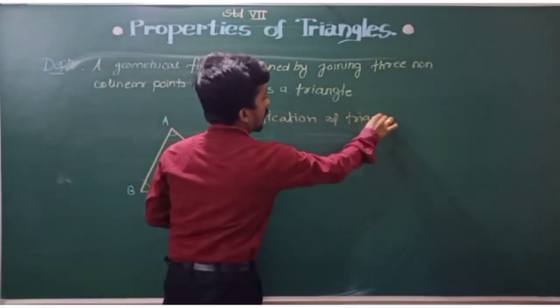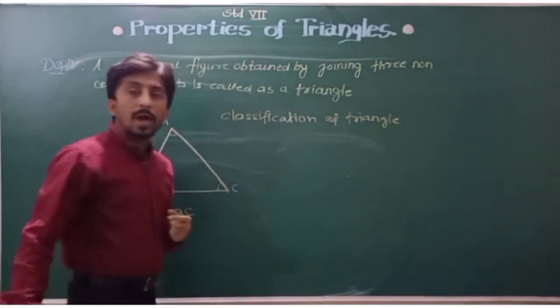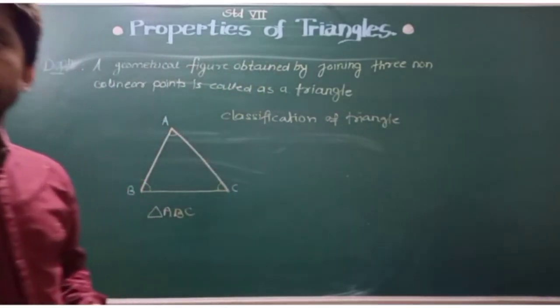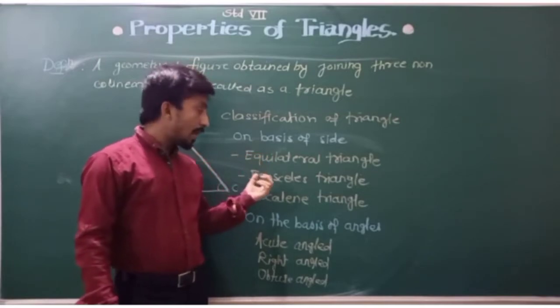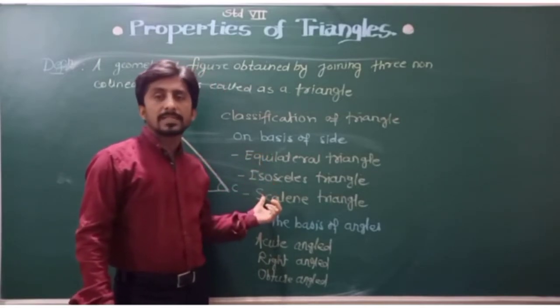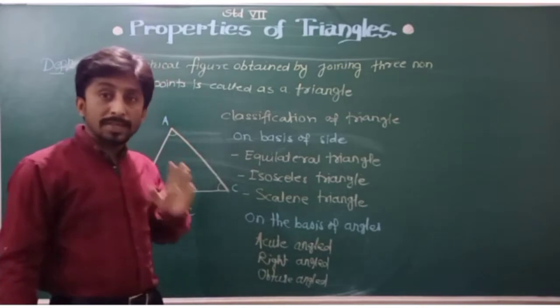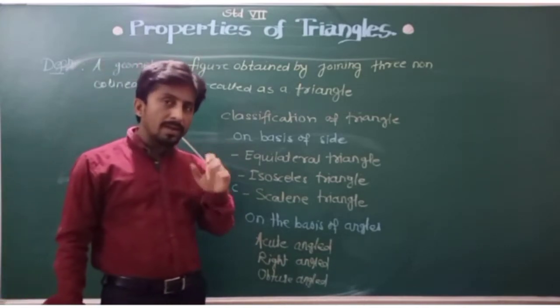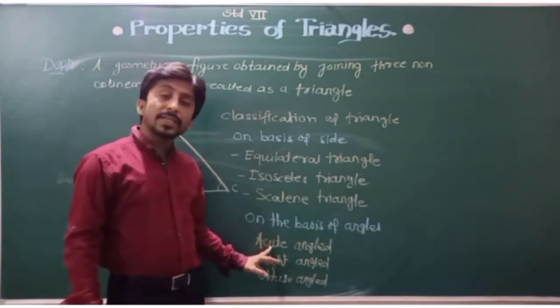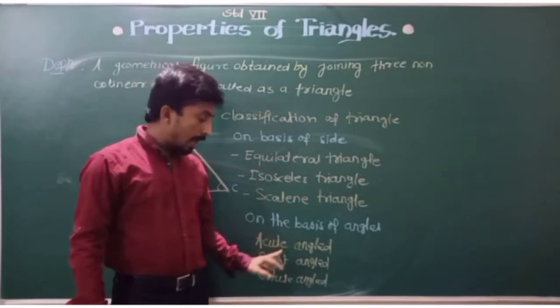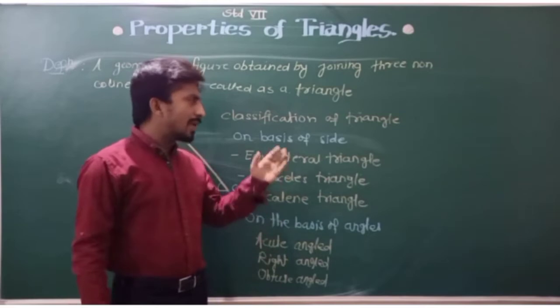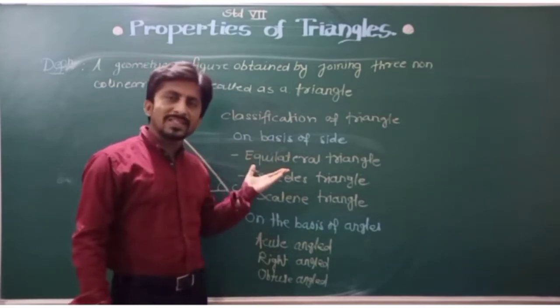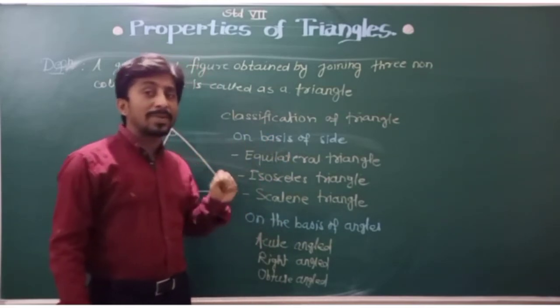First, on the basis of size, how they are classified. On the basis of size, they are classified as equilateral triangle, isosceles triangle and scalene triangle. 3 types. Similarly, on the basis of angle, they are classified as acute angle triangle, right angle triangle and obtuse angle triangle. Now let's see, you know all these things, but let's see this first type in detail.